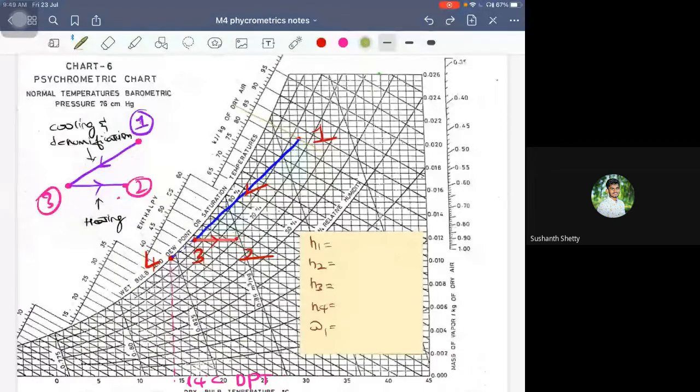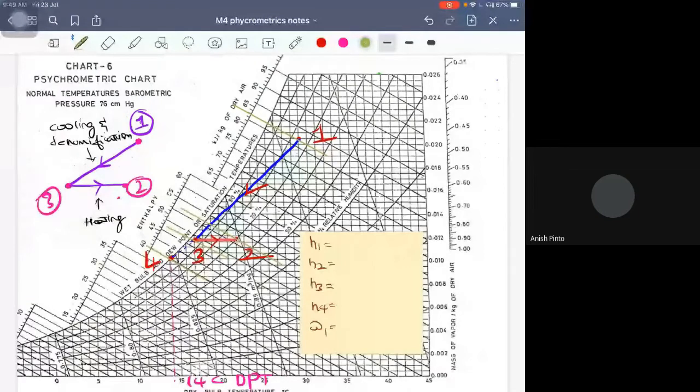One for state 1, this is for state 2, this is for state 3, and this is for state 4. Right? Drawn? Yes, sir. I guess this color is difficult to see, isn't it? Is it visible?